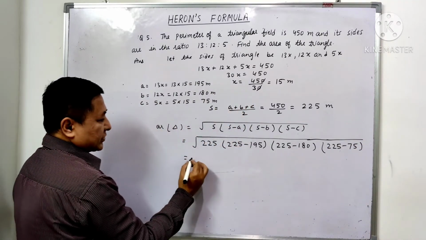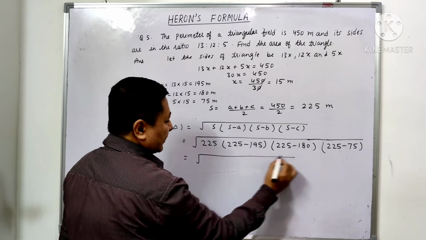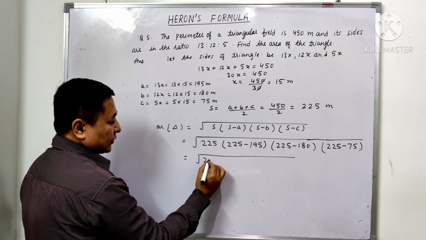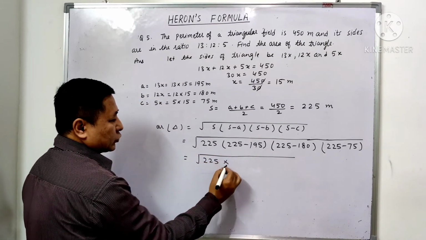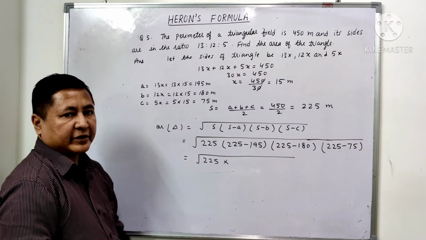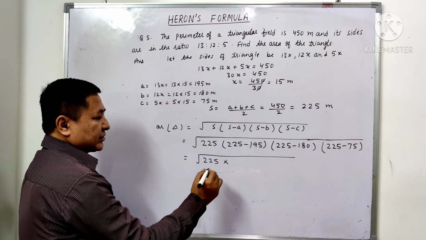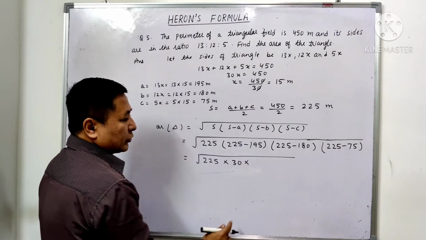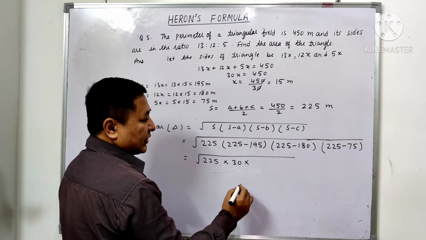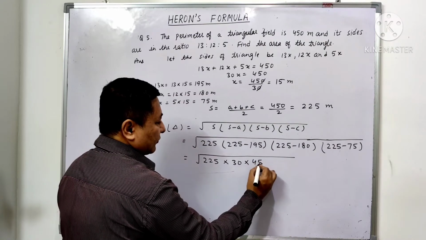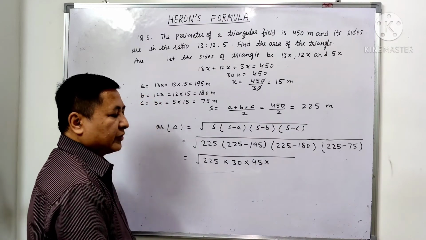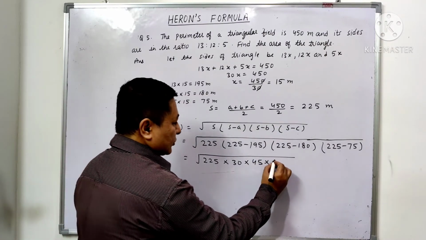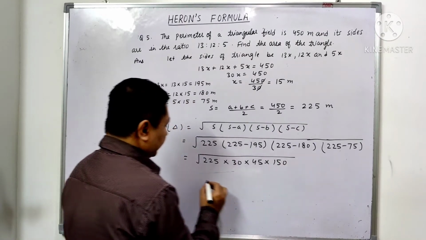Now let us solve this. 225, and this is 225 minus 195, so we'll subtract this, and we get the answer 30. 225 minus 180 will be equal to 45, and 225 minus 75 is equal to 150.